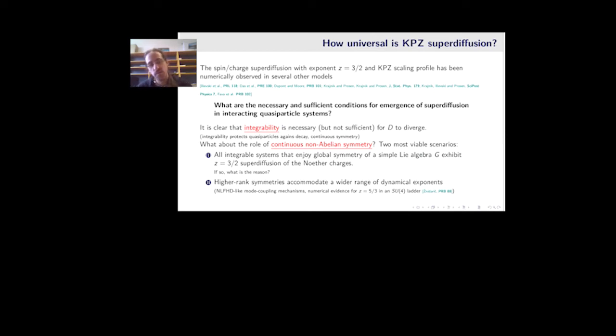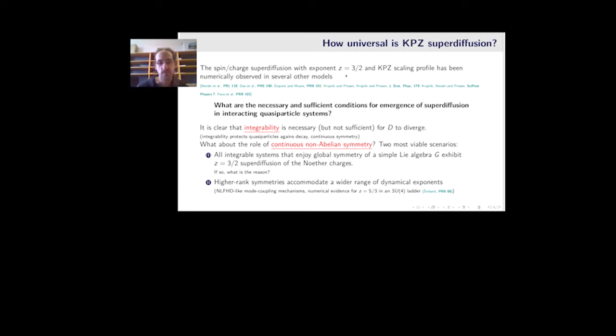And on top of that, there were a number of other works which were interested in this phenomenon and addressed it in various models on numerical grounds, and they were able to confirm that this exponent is not only tied to this Heisenberg chain or the Hubbard model, but there are many more quantum models and classical integrable systems with non-abelian symmetry that all seem to show this exponent.